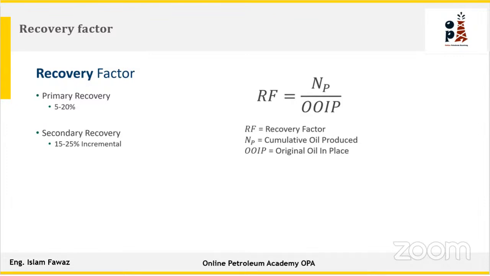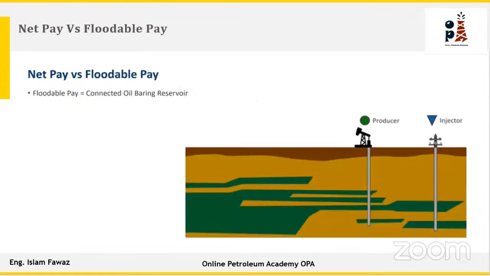Before we answer this question, you have to understand the difference between net pay and floodable pay. As you can see from this picture, this is not floodable pay. The bottom interval here is not communicated with this interval.